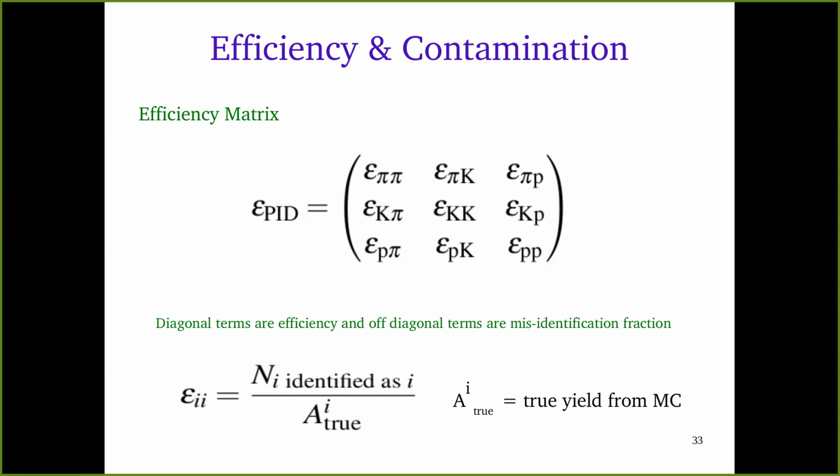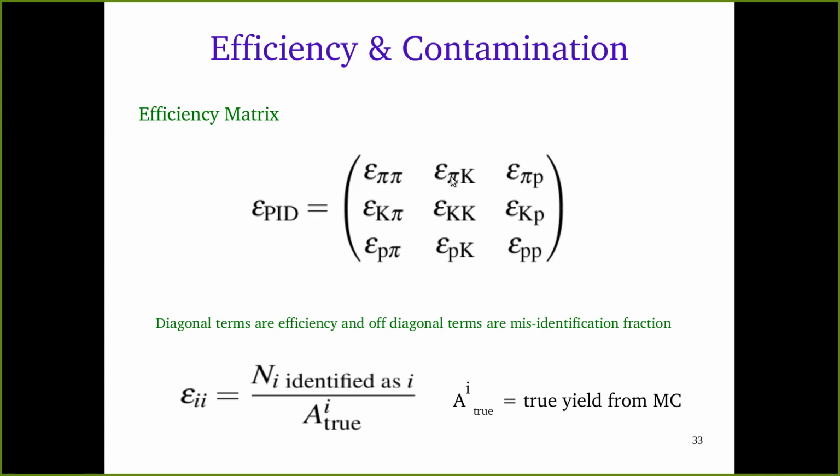Suppose I take efficiency of pi k. What fraction of kaon may be misidentified as pi?